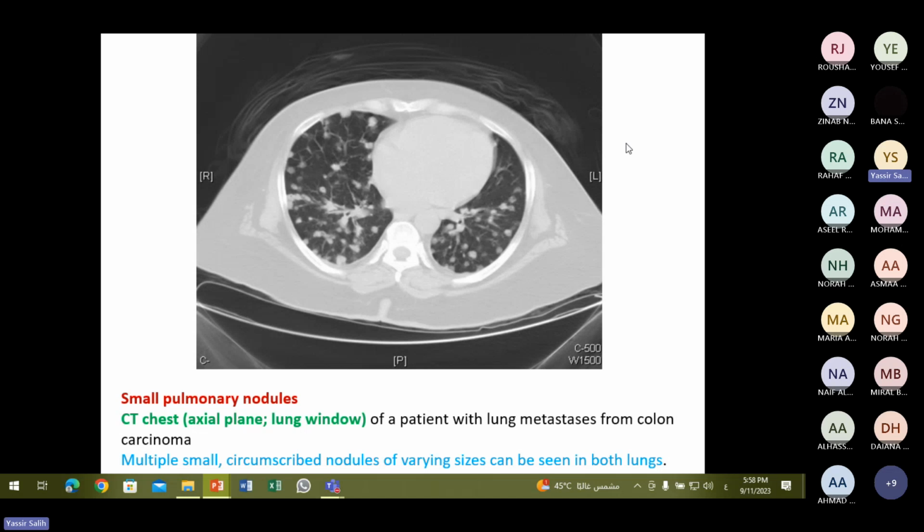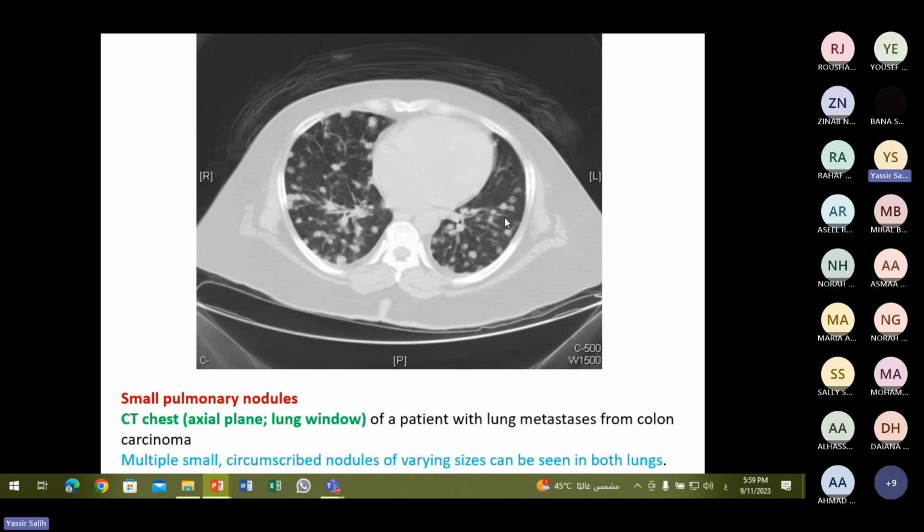What is this image? CT. Is it normal? No. Many nodules. Yes, there are. How many nodules do you see? Multiple, uncountable. Yes, there are multiple, يعني uncountable, it is difficult to count these nodules.